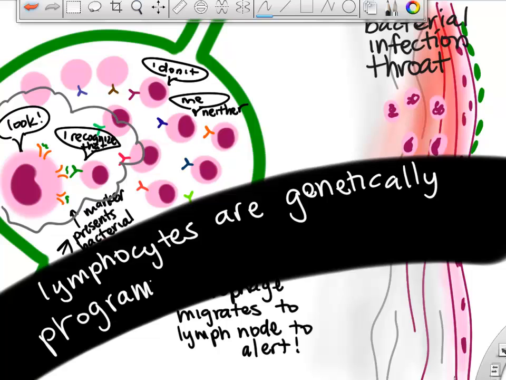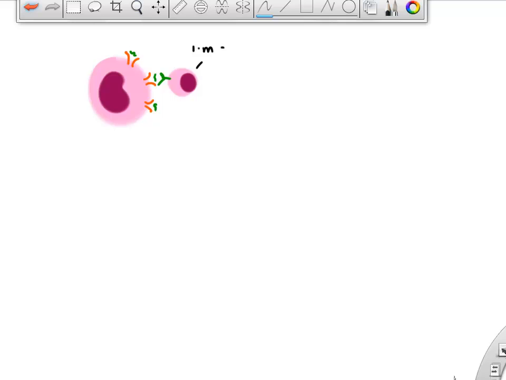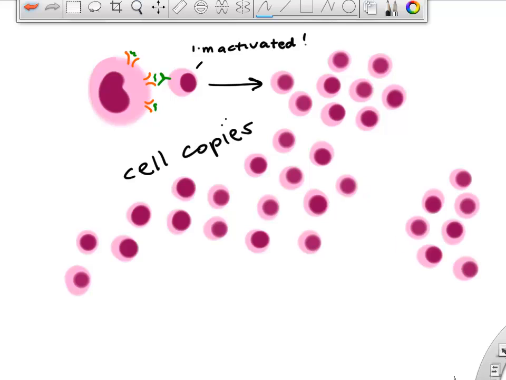So basically, your lymphocytes are genetically programmed with specific proteins so they can only detect one specific marker or one specific antigen. Once you activate that little lymphocyte, it's going to make copies of itself through cell division. So we're going to make basically hundreds or thousands of copies of that activated lymphocyte.